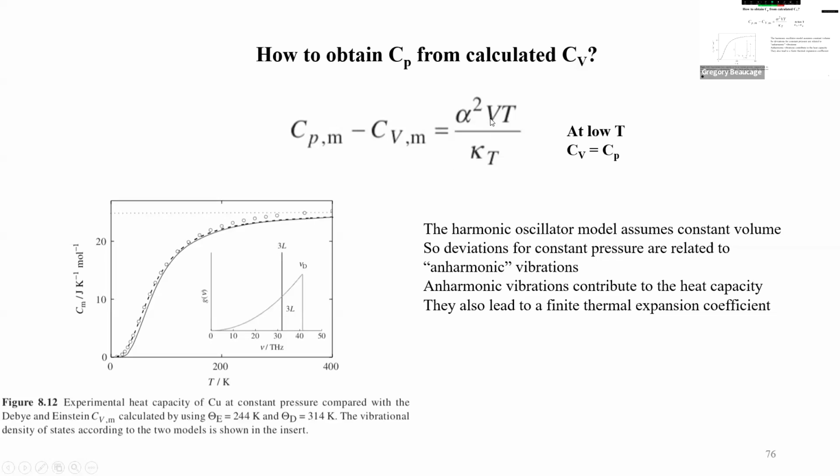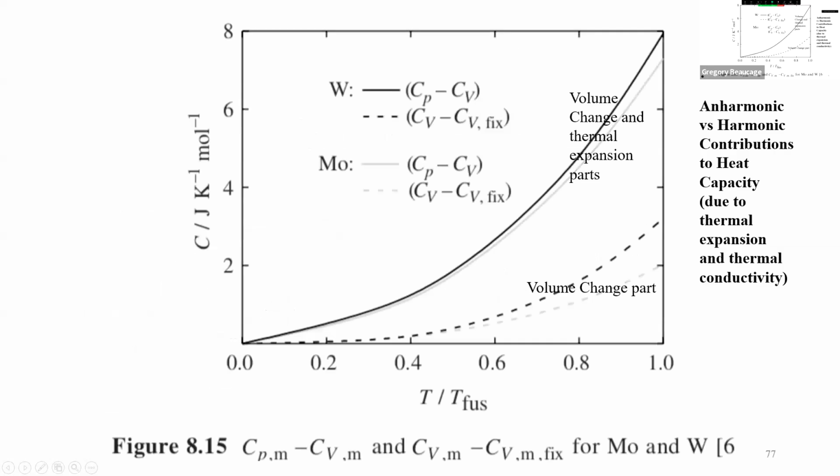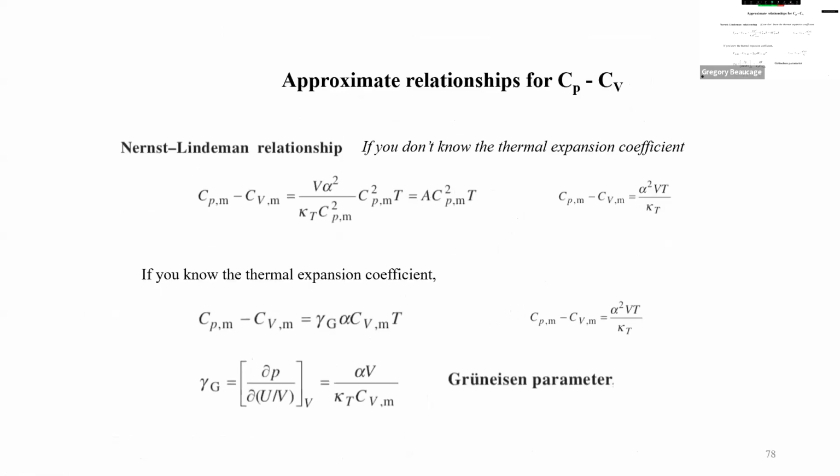So you have a constant, called the Grüneisen parameter, gamma G. There's gamma, which is the electronic contribution, there's gamma G, and there's another gamma that we had. They use the same symbol for three different things. But this is to get, if you don't know, I guess the bulk compressibility, or what's kappa?